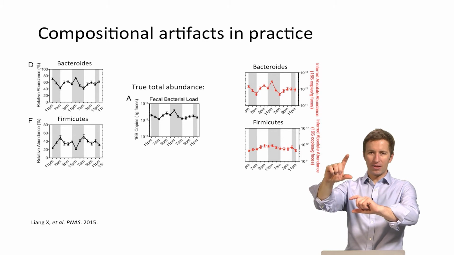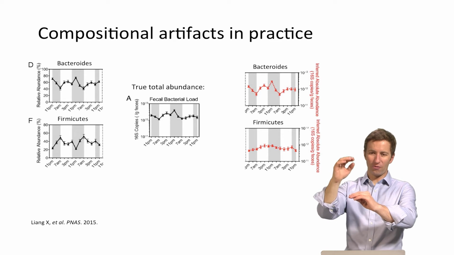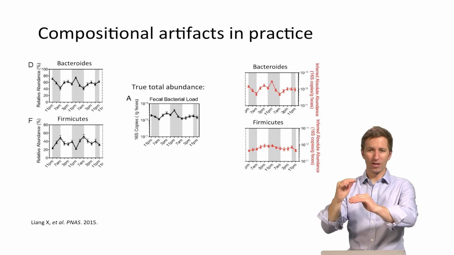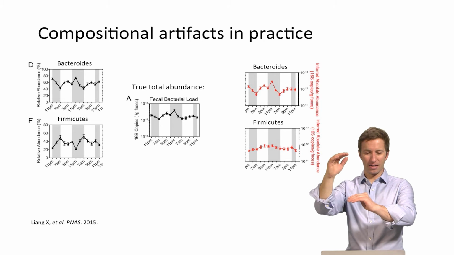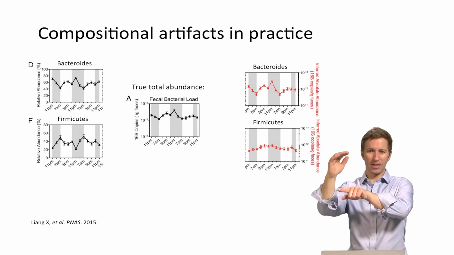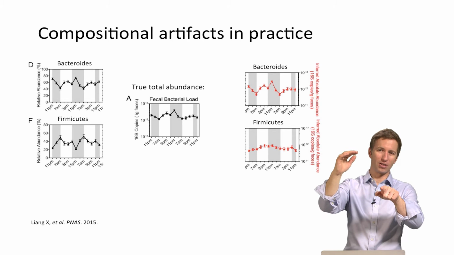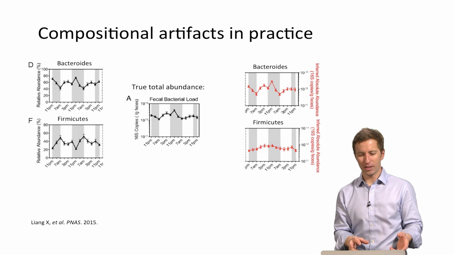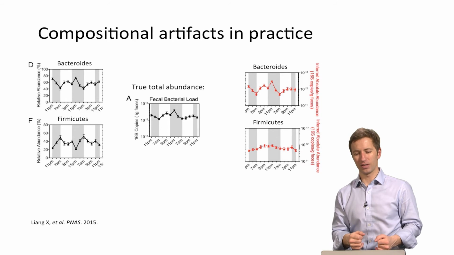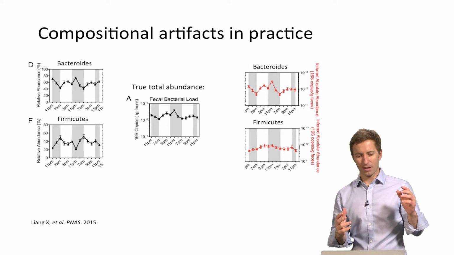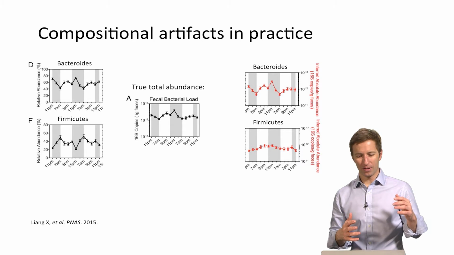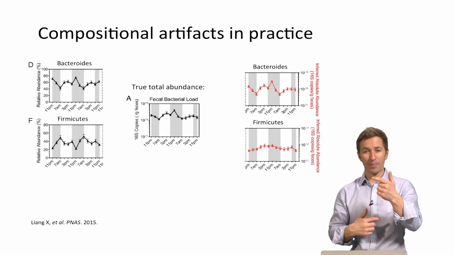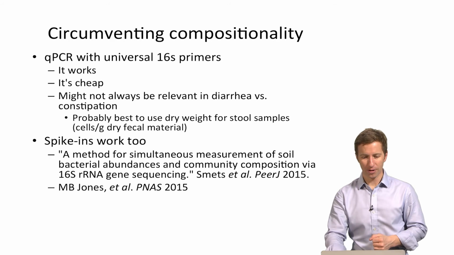And so the fraction of the community taken up by Bacteroides just increased a lot more, and actually causes the apparent fraction of Firmicutes to go down. And so this compositionality, if you're not careful about dealing with it like these authors were, can not only add noise to your data, but can actually cause you to infer opposite conclusions, which is kind of scary.